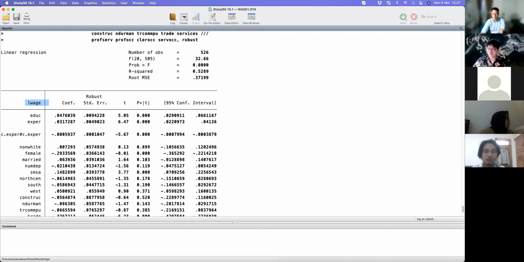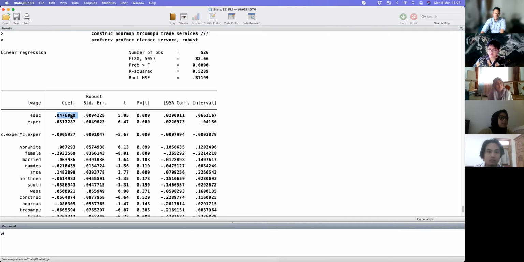You can recall it from the chapter 2 discussion. The estimated coefficient suggests that an additional year of schooling is associated with higher wages by about 4.76%, ceteris paribus, all else constant.